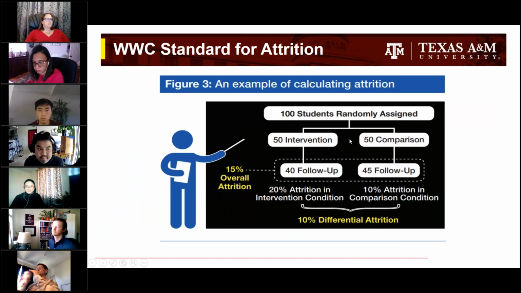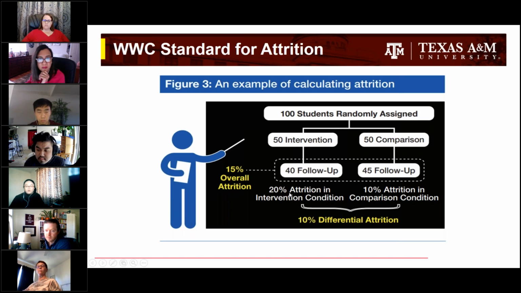So here is another example for calculating attrition. As we mentioned earlier, we have overall attrition and differential attrition. Let's take this as an example. We have 100 students randomly assigned to treatment and control groups. At the follow-up stage, we have 40 students in the intervention group and 45 students in the comparison group at the post-test.